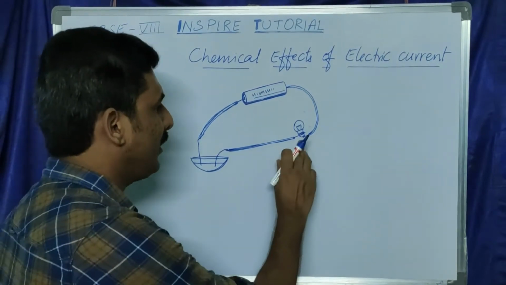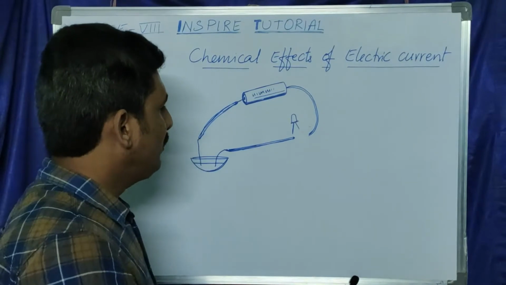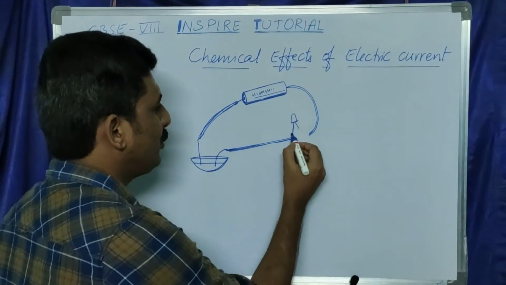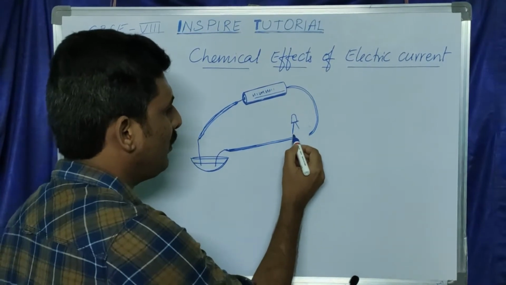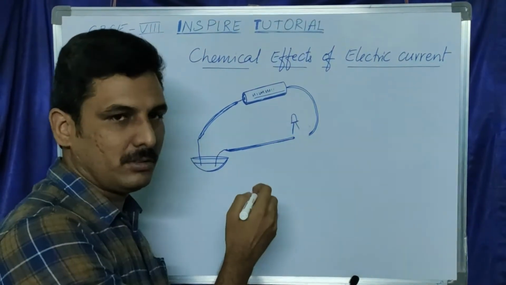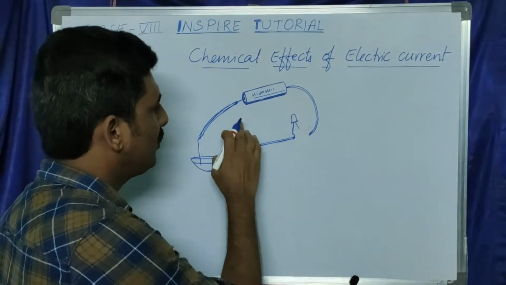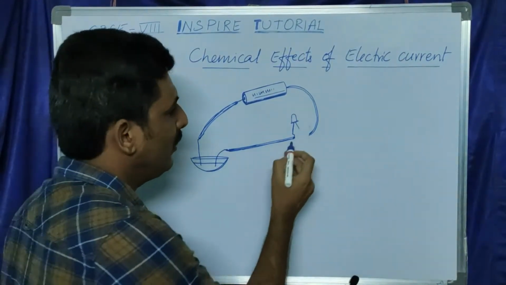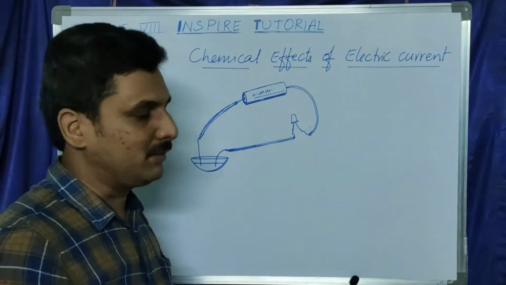So we replace this bulb with an LED bulb. In this LED bulb, we'll have two leads. One will be longer, the other will be shorter, and we always connect the longer lead to the positive terminal and the shorter one to the negative terminal of the battery.